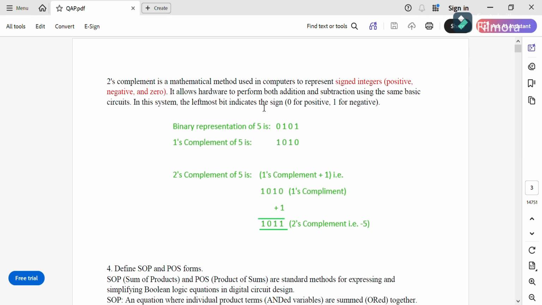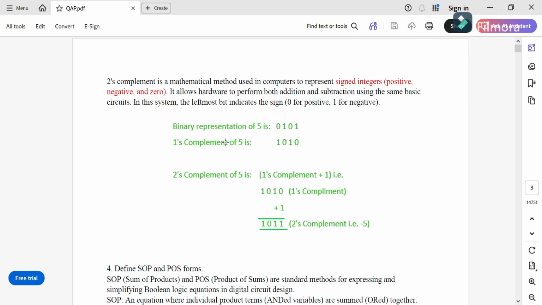In 2's complement, 0 means positive and 1 is for negative. This is the main definition of 2's complement, which is used to represent signed integers, positive, negative and 0, and it is performed for both addition and subtraction using the basic circuits.